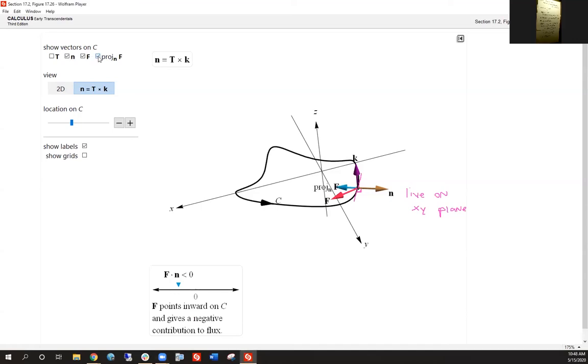And the projection of F onto that normal vector in this case would be inward. Sometimes it would be outward. So you can imagine that that normal vector is always going to point exactly perpendicular to the curve.